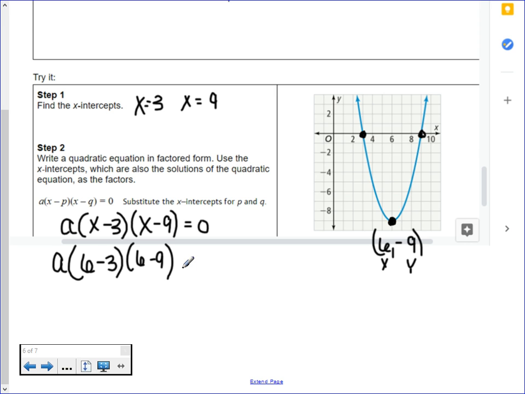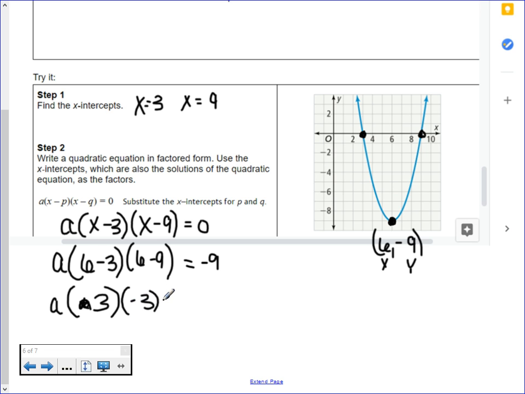And instead of 0, we're going to use that -9. And now we're going to solve for a. What is 6 minus 3? Oh, that was bad. This is a 3. Negative. This will be -3. 6 minus 9 is -3.